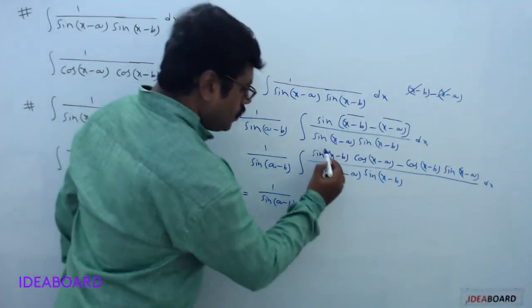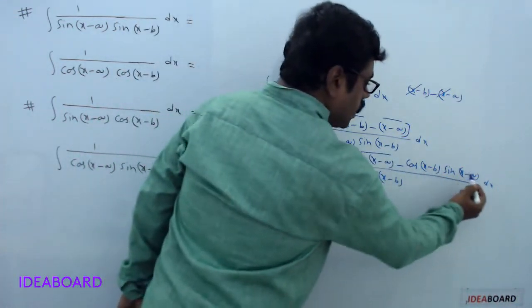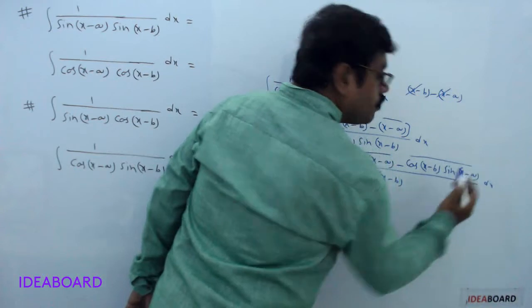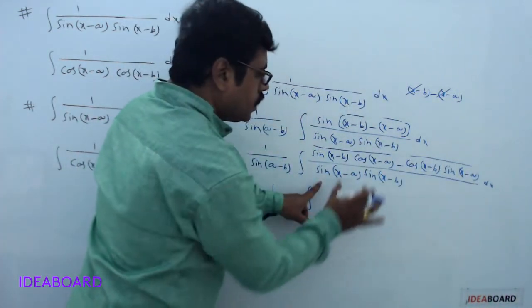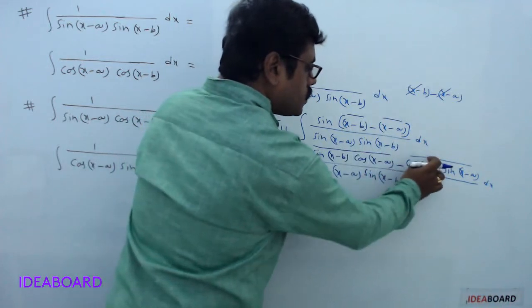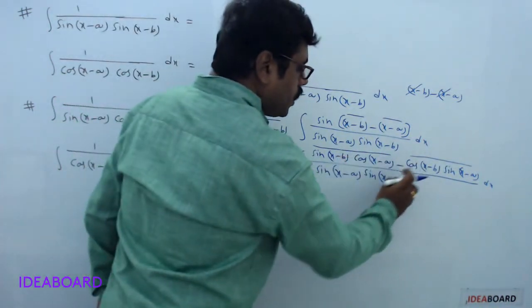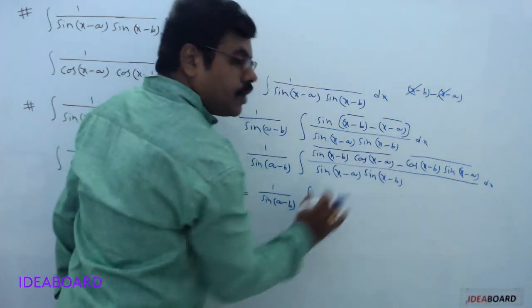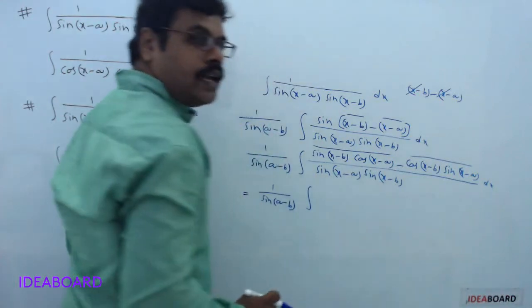Now consider the first term in the numerator as a and the second term in the numerator as b. Now this integrand is of the form a minus b divided by c. It can be taken as a divided by c minus b divided by c.